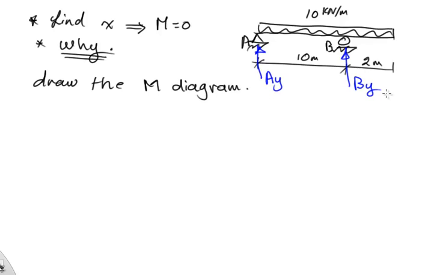So where do we start? We start with the summation of the forces in the Y direction, and they should equal 0. If I concentrate the load of the 10, it should be concentrated in the middle.